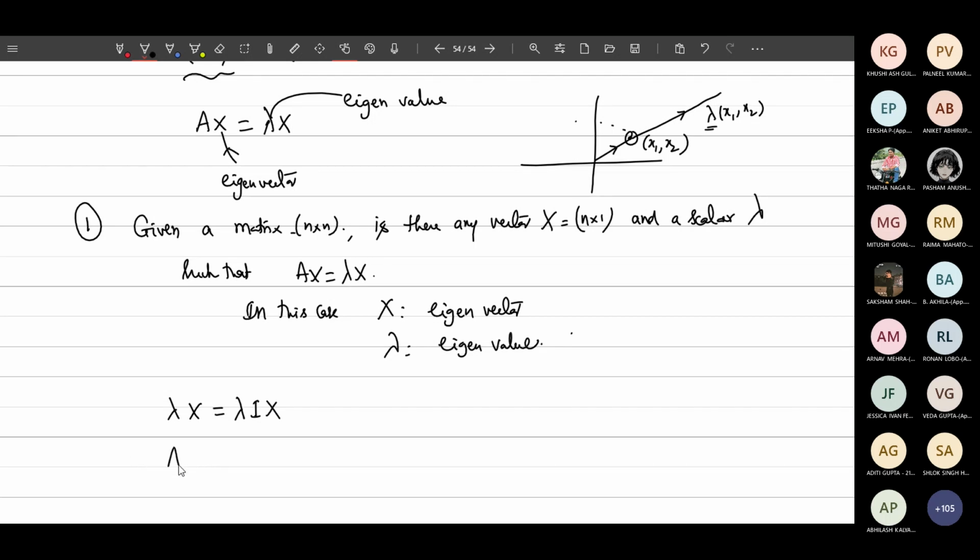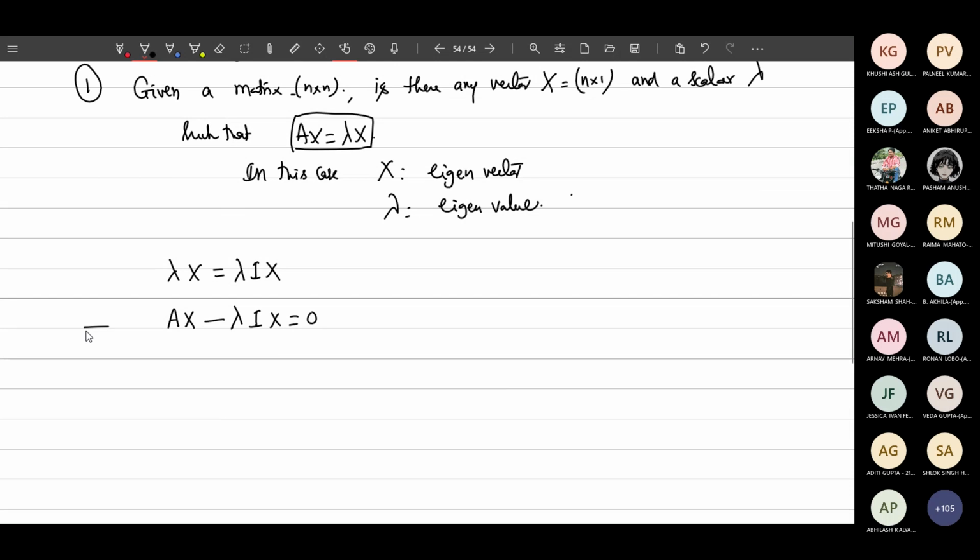So I can replace it: Ax minus lambda I x equal to 0 I can write, because I can bring the right side over. The reason is we need to find x and lambda satisfying the condition Ax equal to lambda x, which is our hypothesis. So indirectly this is nothing but (A minus lambda I) x equal to 0.